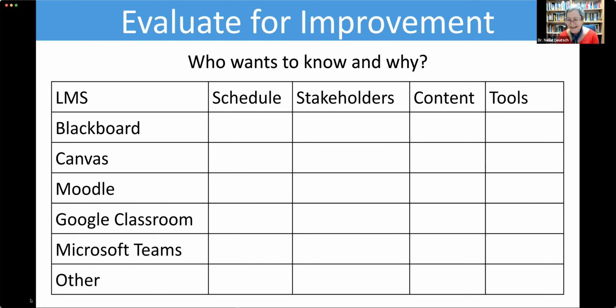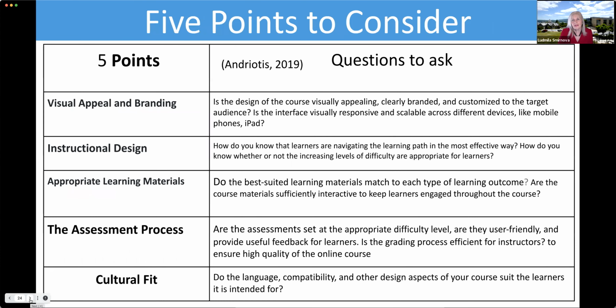My college is also using universal design for learning, and the principles are introduced in those modules. Teachers are learning how to design courses based on it. And the 5 points to consider in designing a course and evaluation are very important.